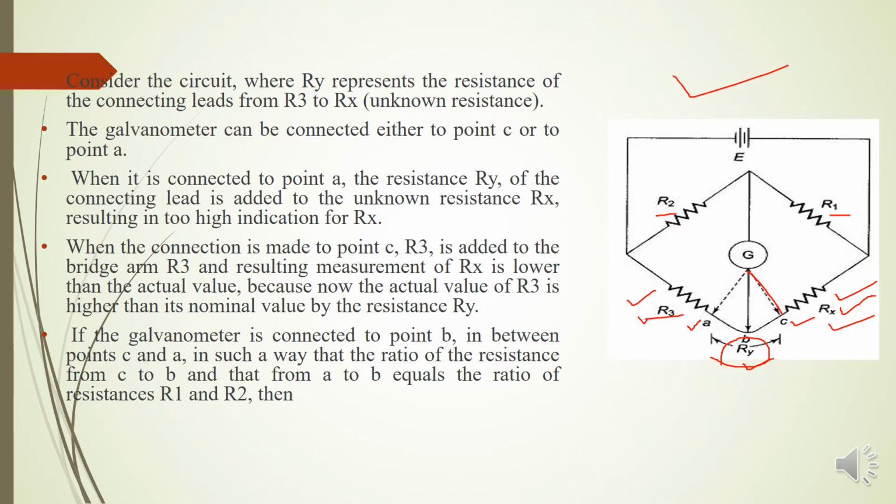If the galvanometer is connected at point B between points A and C in such a way that the ratio of resistance from C to B to the resistance from A to B is equal to the ratio of resistance R1 and R2, the bridge is balanced with the help of adjusting the value of the DRB.